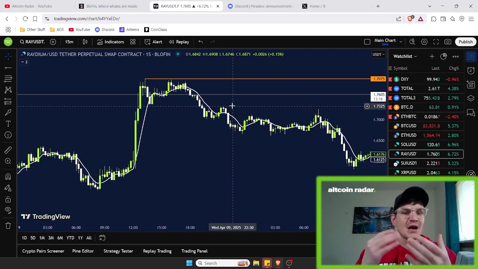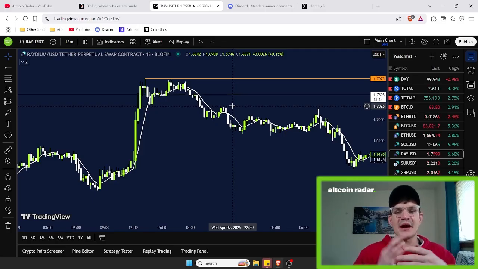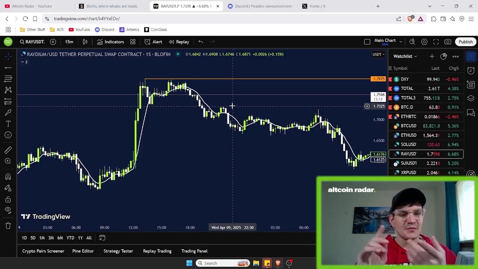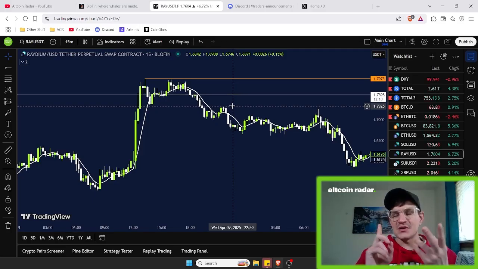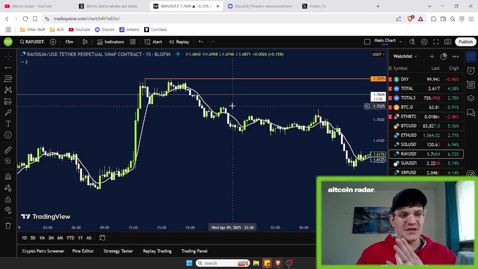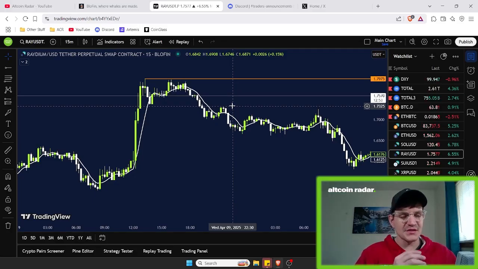Me personally, I am mostly a price action trader, so I typically use just pure price action. I'm talking about candlestick patterns, charting patterns, and candlestick movements themselves, and you can tell a lot just by looking at the candlesticks as far as how much momentum is going into these candles, where a potential top could be, where a potential bottom could be, all those things, okay?